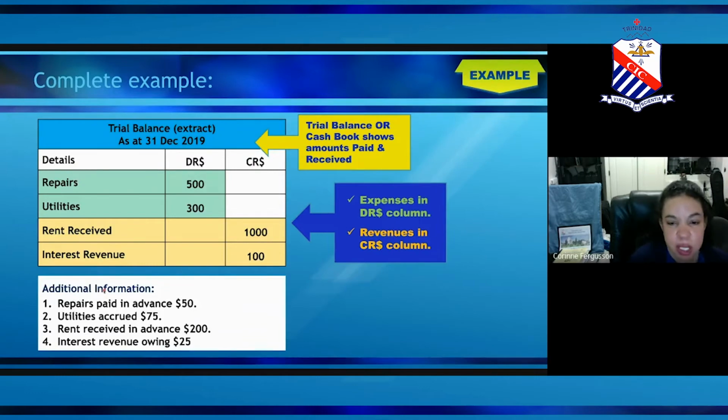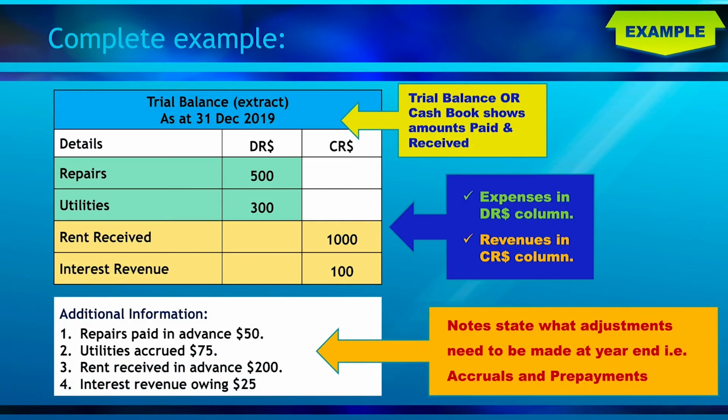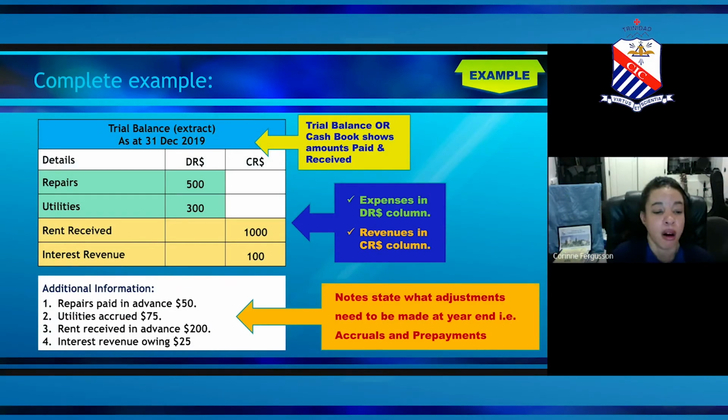Then down below in the additional information, which is how your questions will be, they will give you the adjustments, or they will give you the information like the incurred or the accrual and prepayment. So additional information, we make it real easy for you, is either accrual or prepayment. So we have no incurred in there already for you that you have to work out 12 months or whatever. It's either an accrual or a prepayment.